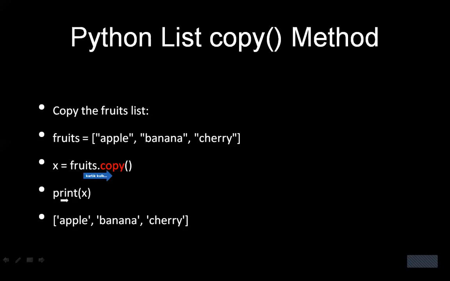Then I will be printing the value of x. Now you can notice that I am copying the content of the fruits to the variable x. Then I will be printing the value of x, and I will get the output as apple, banana, and cherry. This is what is important: with the help of this copy statement, I am able to copy the content of the list.